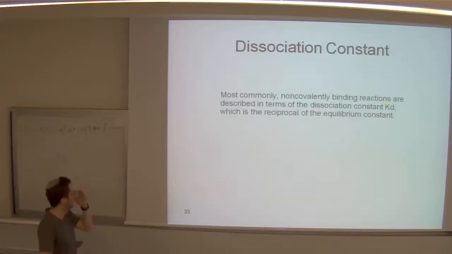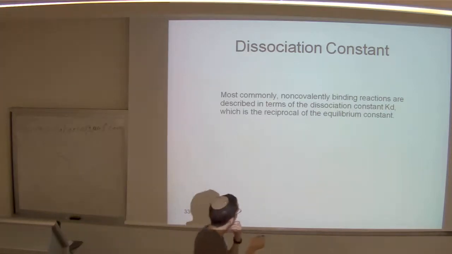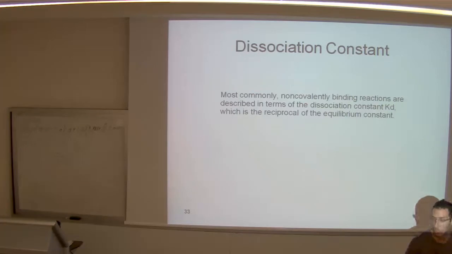Okay, in the case of non-covalent binding, for instance ionic interaction, the equilibrium constant is called the dissociation constant, KD, and this is actually the reciprocal of the chemical equilibrium constant for the association reaction.